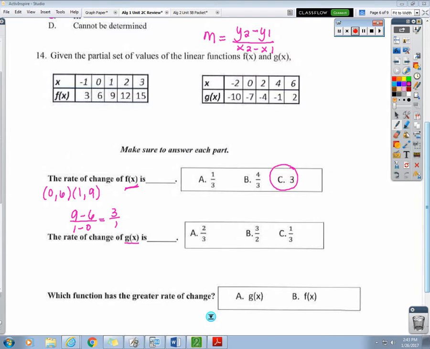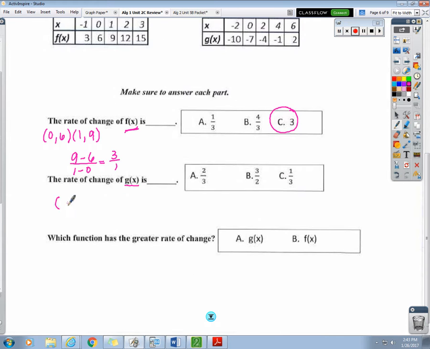Okay, which points did y'all choose? (4, -1) and (6, 2). Okay, so that would be 2 minus negative 1, which is 2 plus 1, over 6 minus 4, and that becomes 3 over 2, which is B.